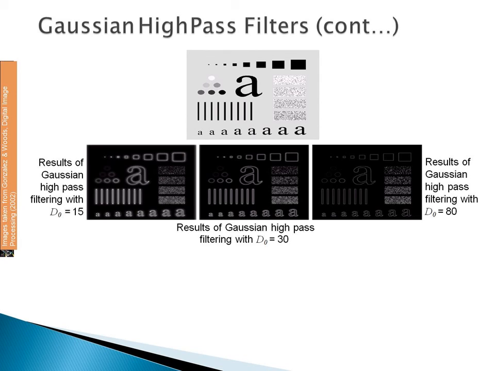When I apply the distance as 15, 30 and 80, the output image will be obtained like this. So D0 equal to 30 is better than D0 equal to 80. For certain values, this Gaussian high pass filter will give the perfect result.